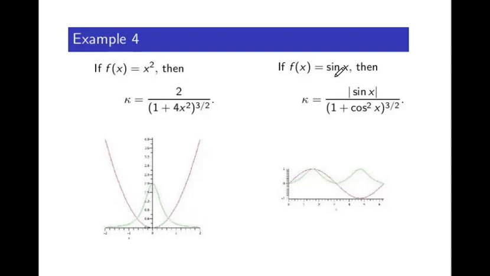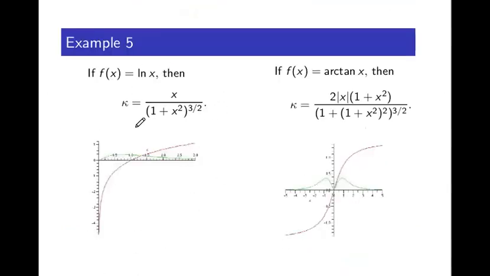This is another one, the sine function. This is how the curvature changes for the sine function. The curvature is maximum at pi over 2, and then it reduces, something like this.